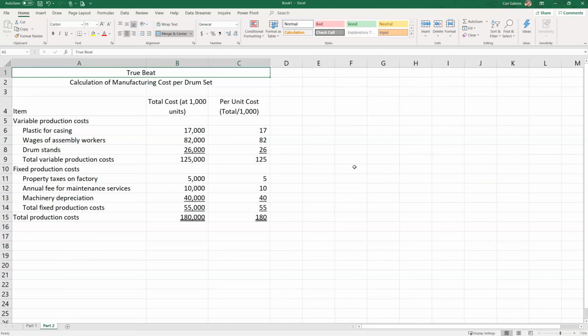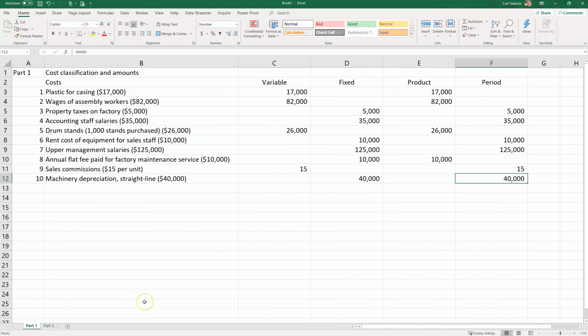And so again, for part one of the problem, we went through each cost and decided, is it variable or is it fixed? And then we asked the question, is it product or is it period? Most of them are clear cut, but you can have a few that may present some problems. The one I thought was the most difficult was number 8, the annual flat fee paid for factory maintenance service.